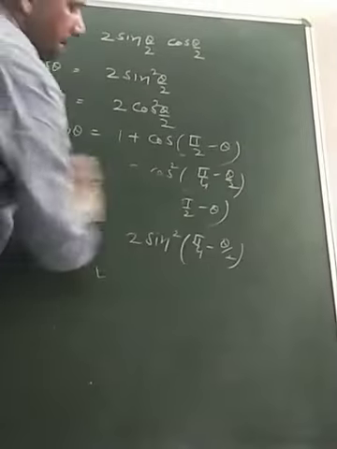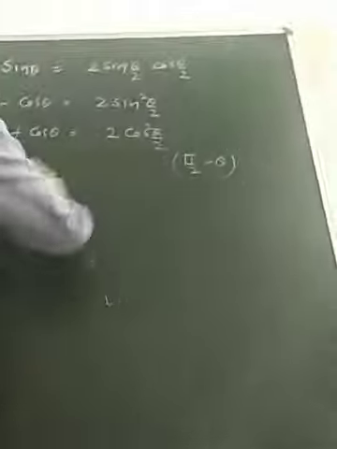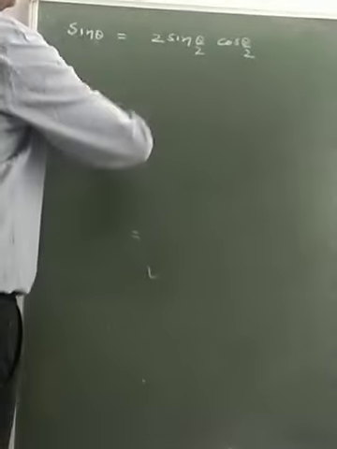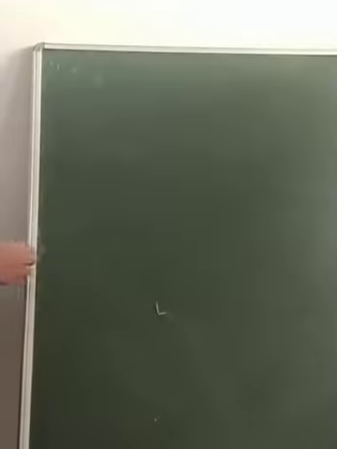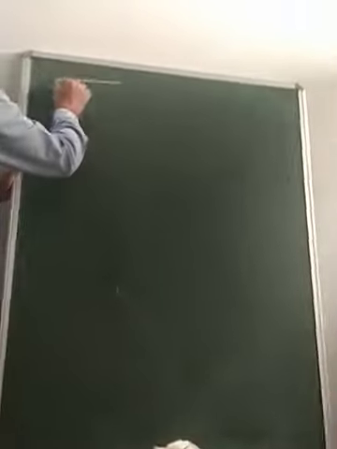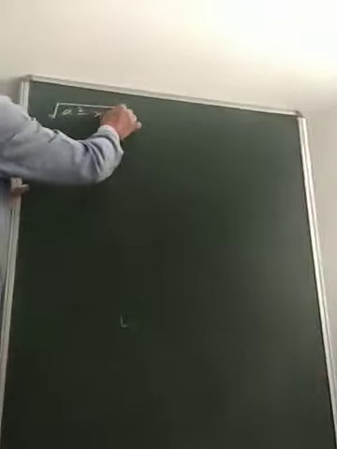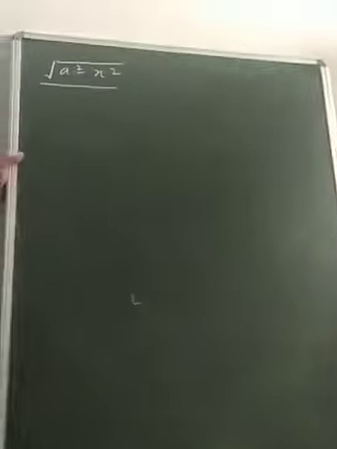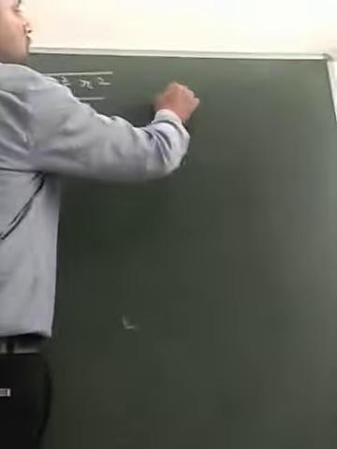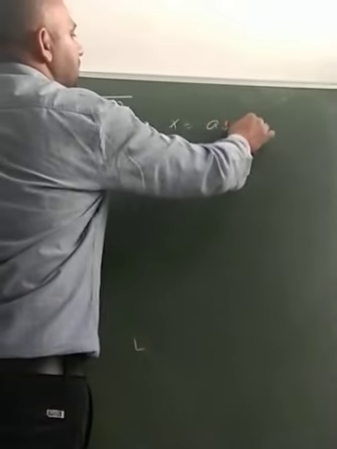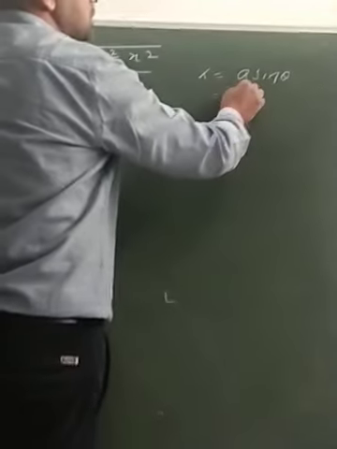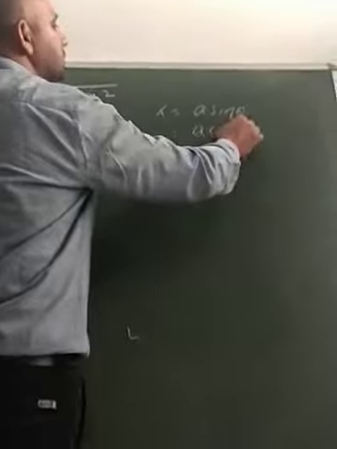Now some patterns you should keep in mind. If we have a square minus x square in a square root, then we will put x equal to either a sin theta or a cos theta.